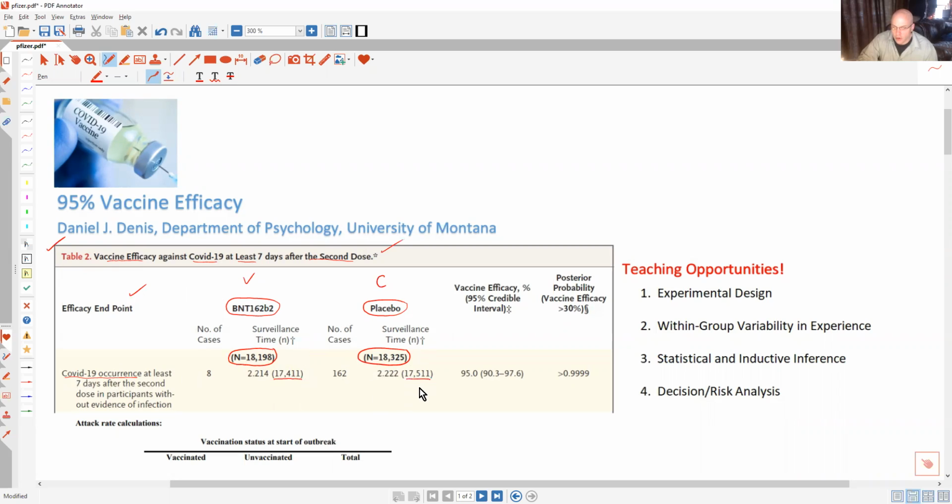And those numbers are per 1,000 person years. So they're a little bit different than these bolded numbers. But whether you use one set of numbers or the other, you are going to get 95%. The difference will be in the trailing decimal points. For our purposes, we will use these numbers since those are the numbers used by Pfizer.